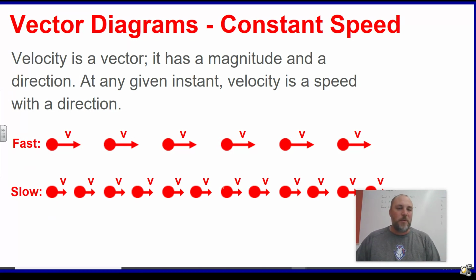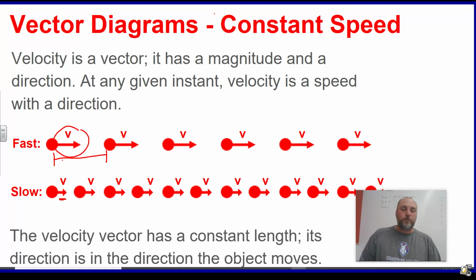And also remember that the magnitude of the velocity is represented by how large we draw the arrow. So for an object that's moving faster, we're going to draw the arrows a little bit bigger. So you can see here there's a bigger gap in between. We got that from our motion diagram, and then these velocity arrows are larger in the first case than the second case. So we can convey a lot of information with these simple diagrams.